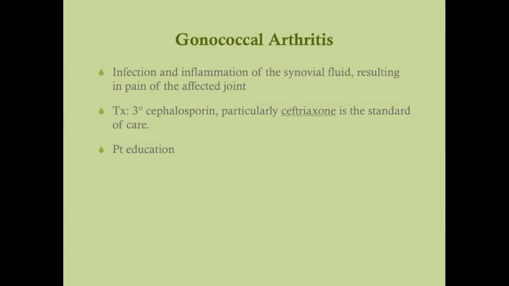The treatment here, once we've confirmed that it's gonococcal arthritis, we simply treat it with a third-generation cephalosporin, particularly ceftriaxone, which is the most commonly used therapy. Patient education about safe sexual practices would be useful as well. And generally, there's a pretty dramatic resolution of symptoms in 1 to 2 days.